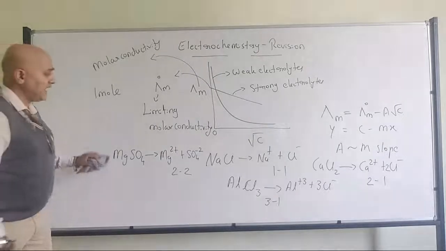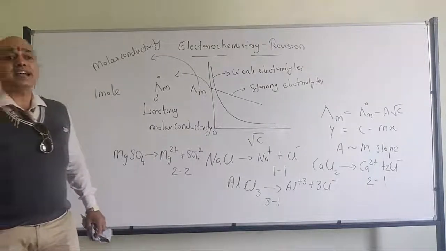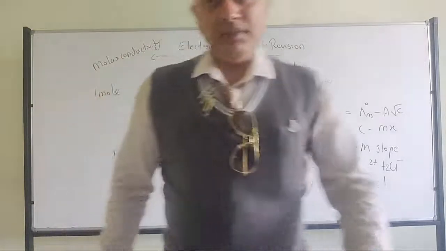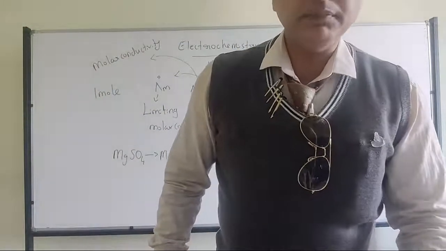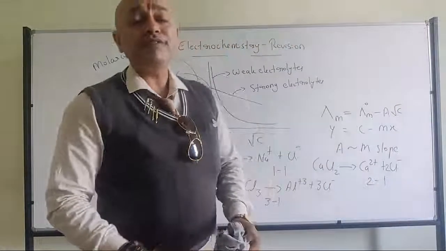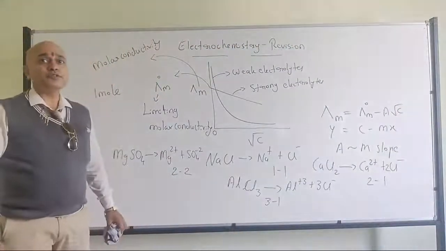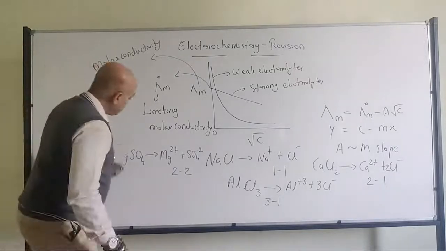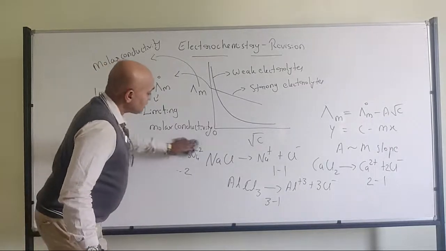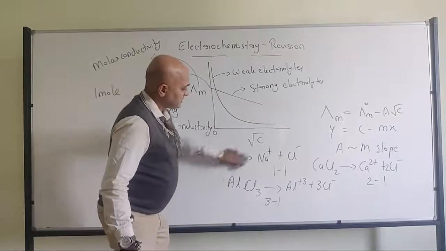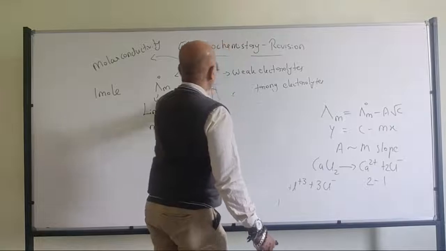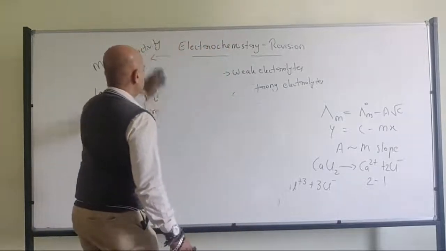Like that we have different types of salts or electrolytes depending on the number of ions they form. All of you have understood? Okay. So that's where Kohlrausch law comes into the picture, depending on this type of salt.